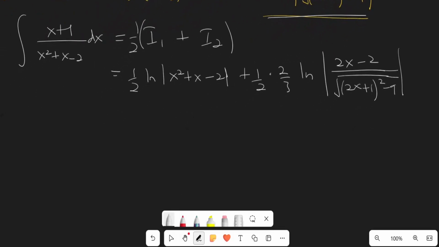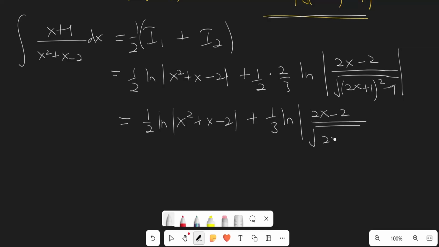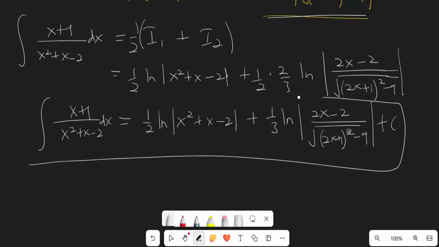So we can now simplify: 1/2 natural logarithm of x squared plus x minus 2 plus 1/3 natural logarithm of 2x minus 2 all over the square root of 2x plus 1 squared minus 9, plus the constant of integration. So this is the integral of x plus 1 all over x squared plus x minus 2 dx. This is the value of the integral.